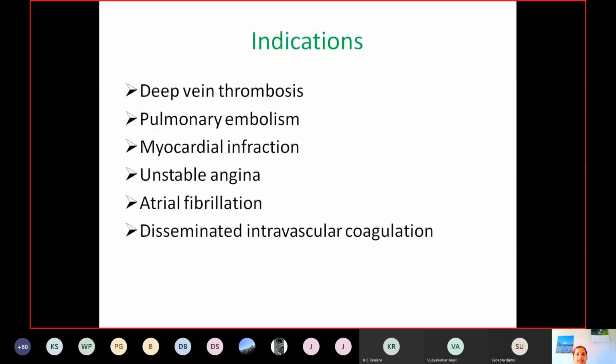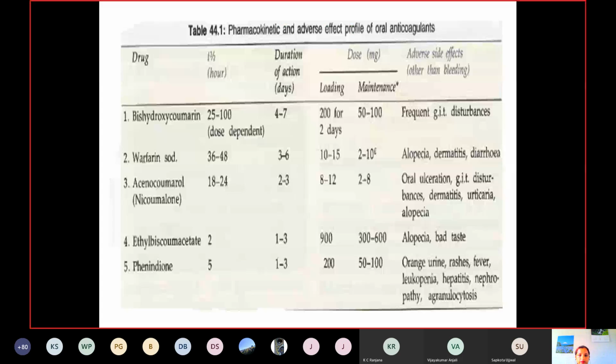It has a delayed onset of action. Due to this reason, treatment is always started with heparin for around 5 to 7 days, and after 5 to 7 days you can give warfarin. As well, you can give it for prophylaxis, because it can be given by the oral route.